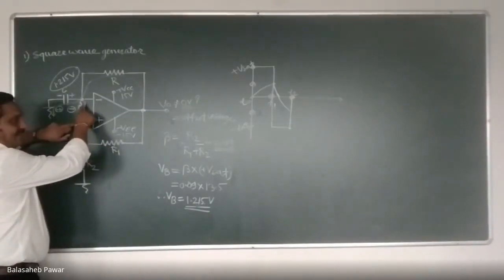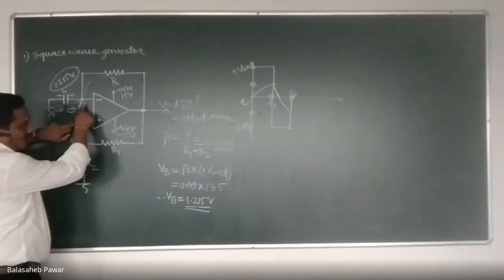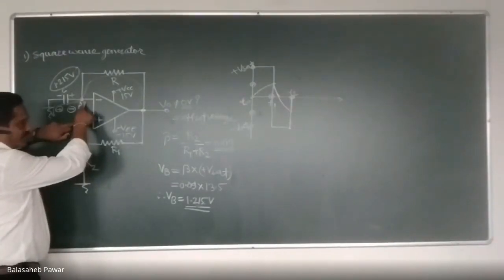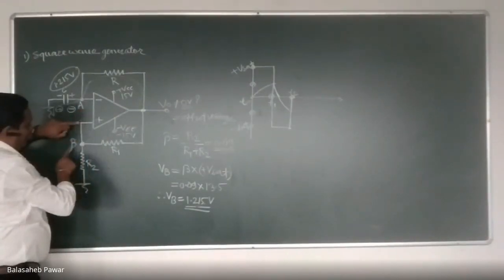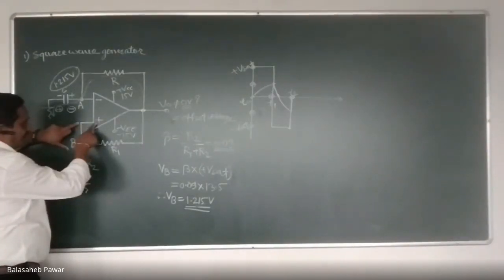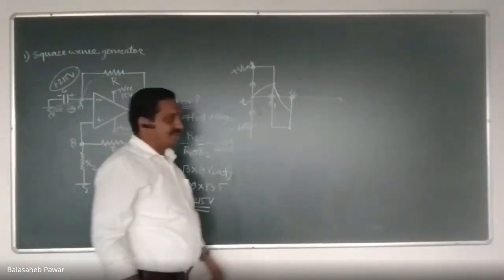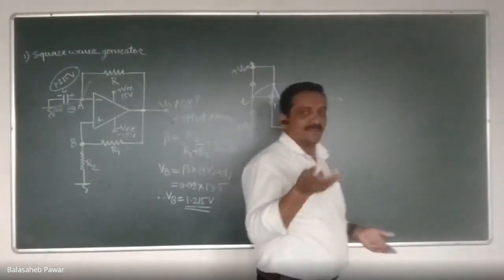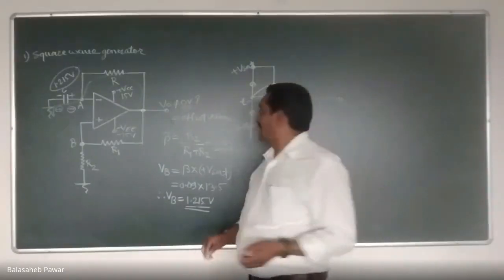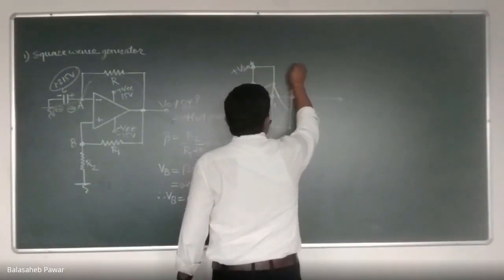Voltage at A will be minus 1.215 volts at t equals T2, and voltage at B is equal to 0. That means the potential at the non-inverting terminal is more positive as compared to inverting, and hence the output of the op amp again will get switched to plus Vsat like this.